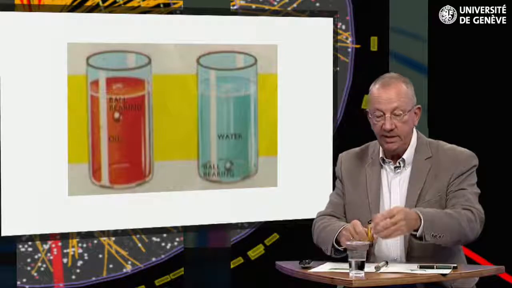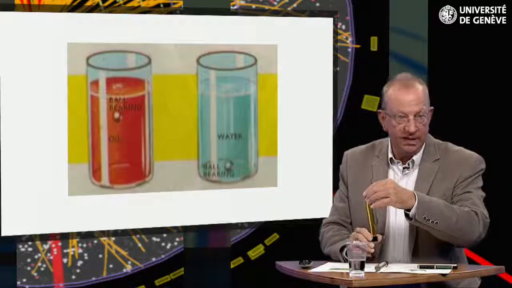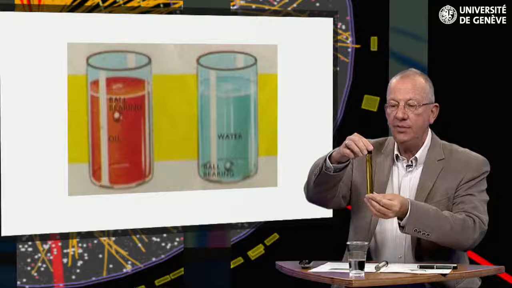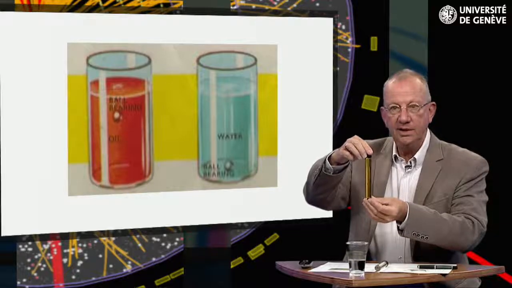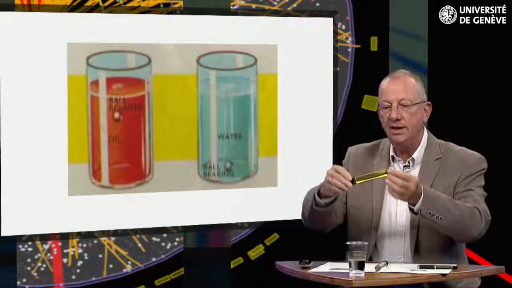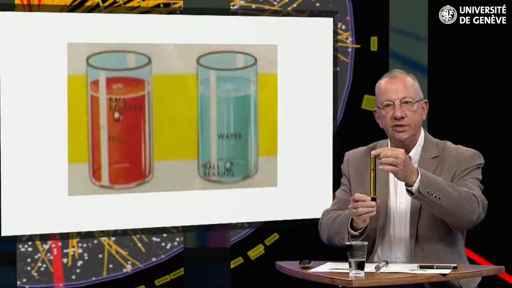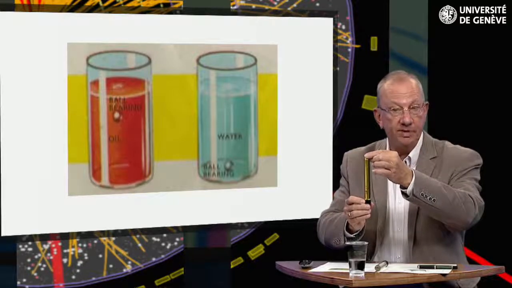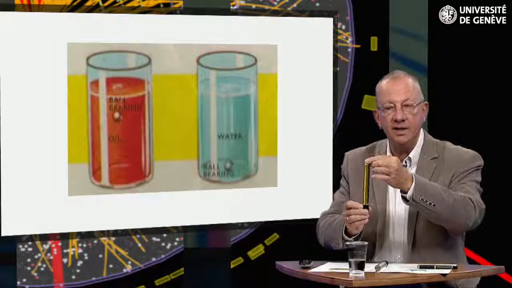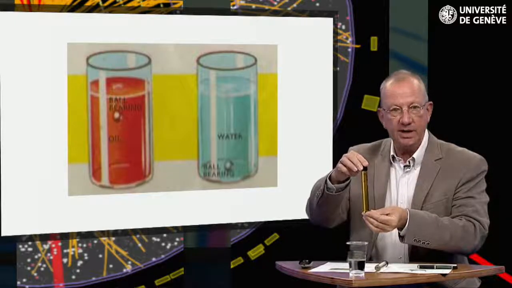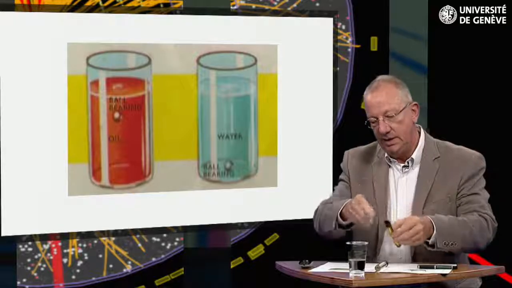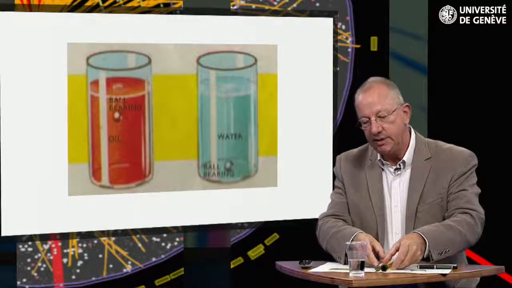If we change the liquid, in other words, if we make a stronger Higgs field, both balls will fall more slowly, but it is still true that their individual speed, their individual apparent mass, is given by their coupling to the field, by their coupling to the liquid. So this is analogous to the Higgs mechanism.